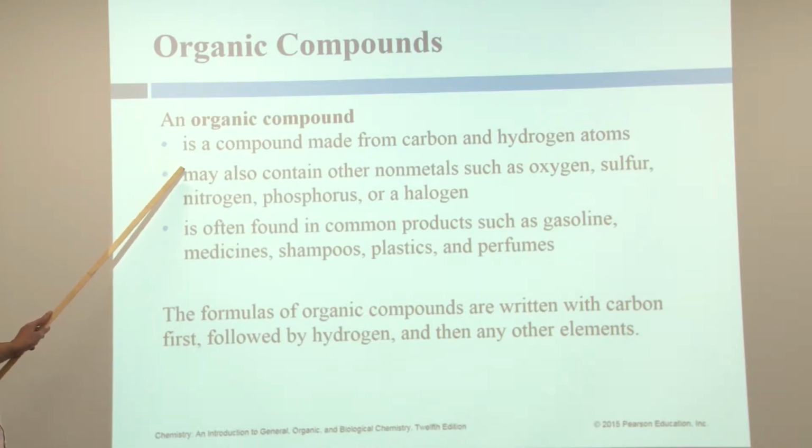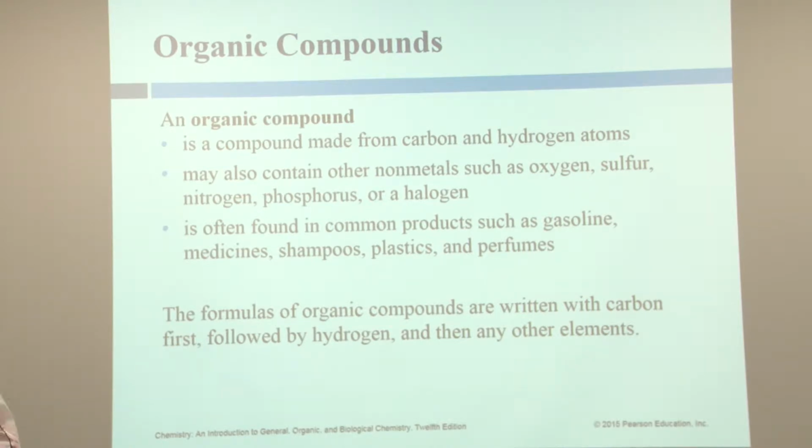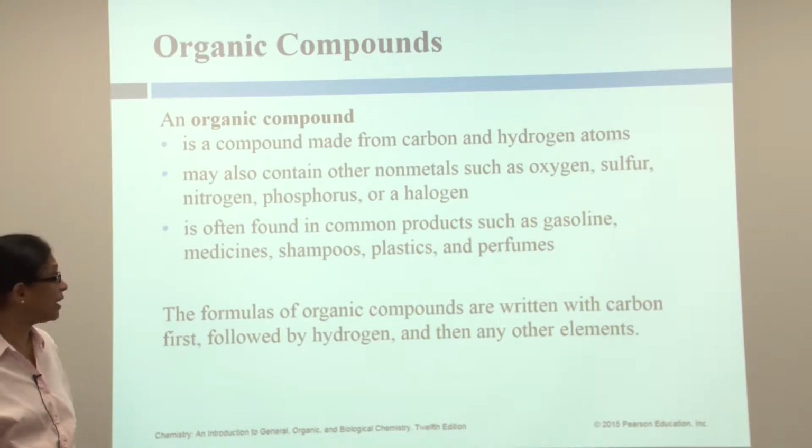An organic compound is made up from carbon and hydrogen, and may also contain other nonmetals like oxygen, sulfur, nitrogen, phosphorus, halogen. Often found in gasoline, medicine, shampoo, plastics, perfumes, we can say it is present all around us.